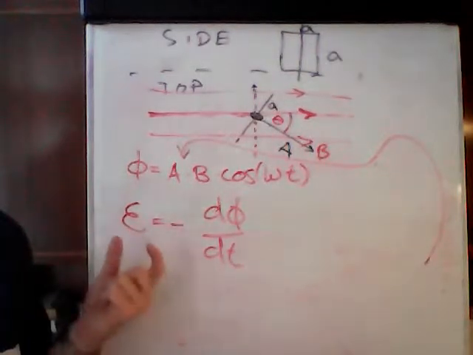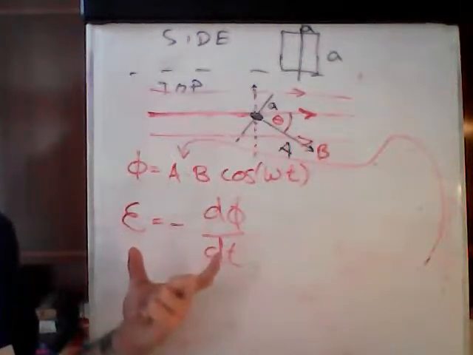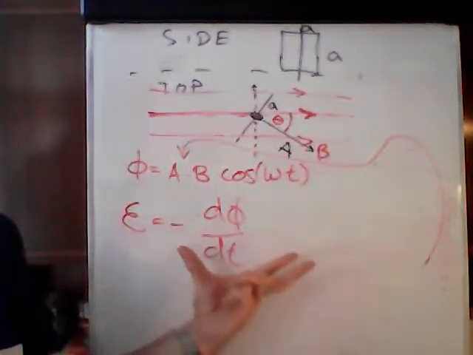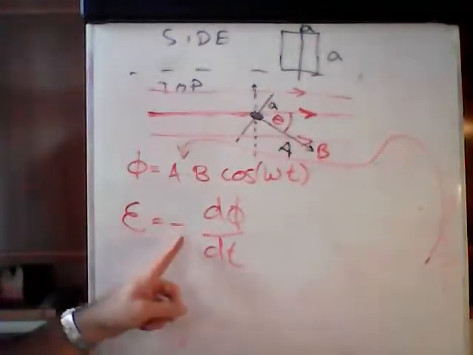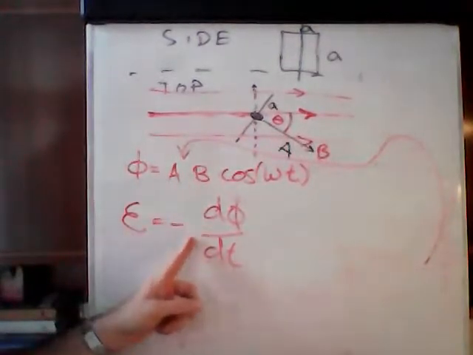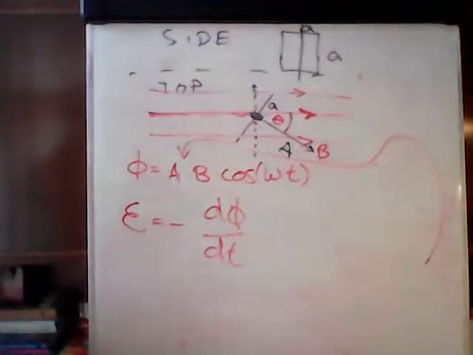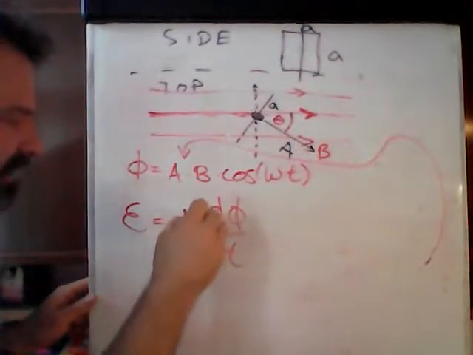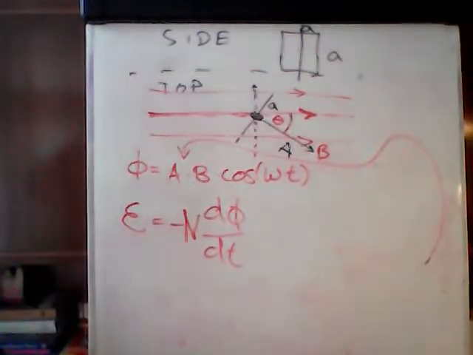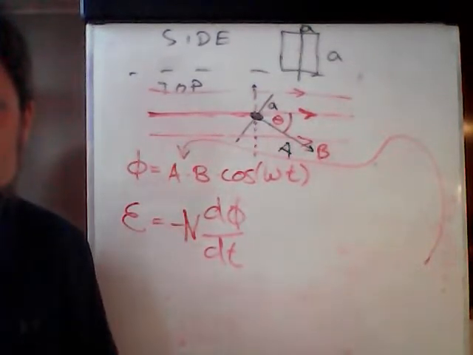You have one battery in a flashlight, 1.5, 2, 3. 3 batteries, 4.5. Big fat one is 4 times 1.5 is 6 volts. So that means we're going to need to put in here the number of loops in the solenoid that is spinning inside the magnetic field. Okay, so let's put that in. There's a big fat N. And now we have the expression more correctly for a generator.